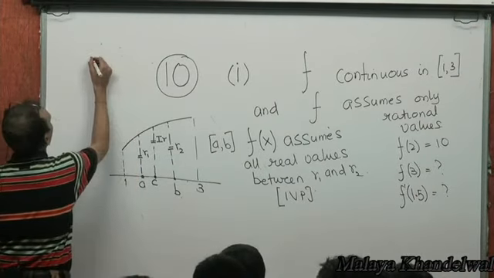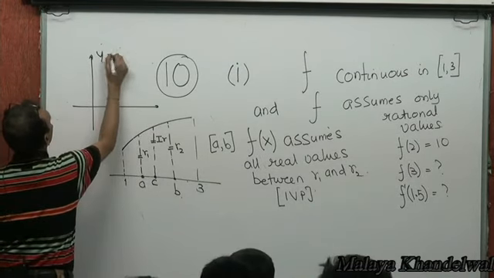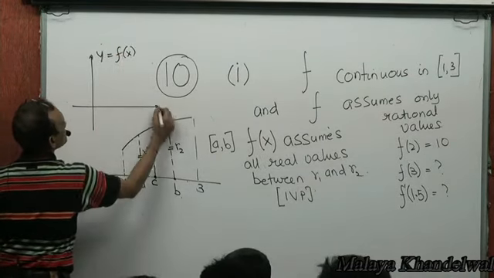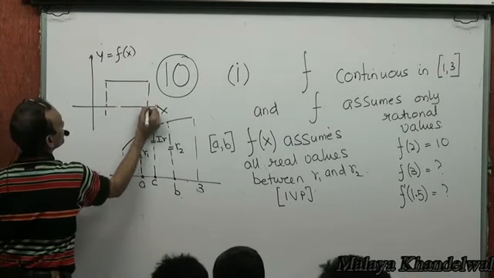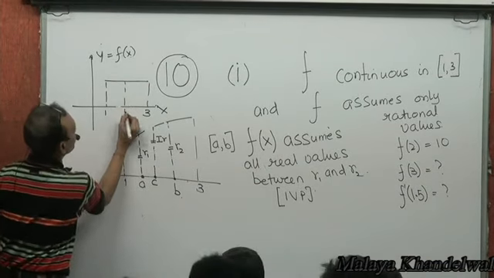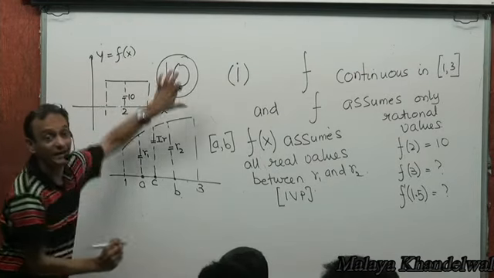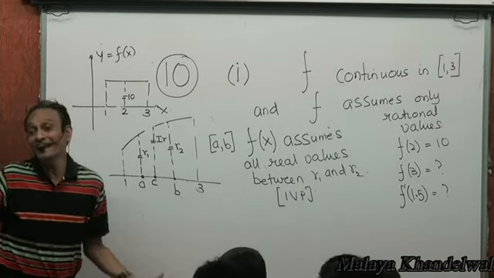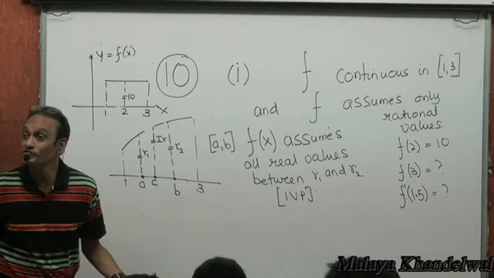However, if I have a continuous function of the kind y equal to fx, which is a constant function in the interval 1 to 3, and say at x equal to 2, it is 10, then at all x it will be 10, and it will assume only rational values. That means this function has to be a constant function.